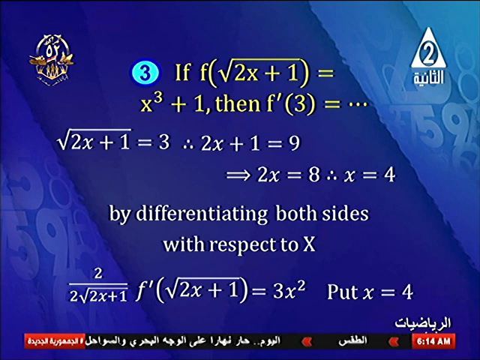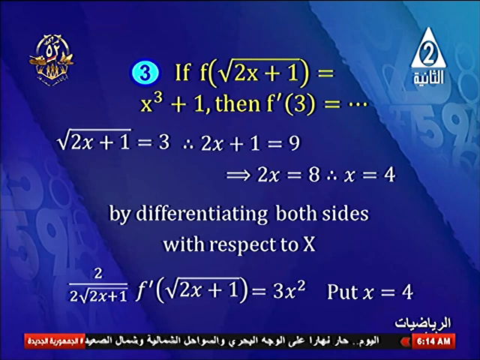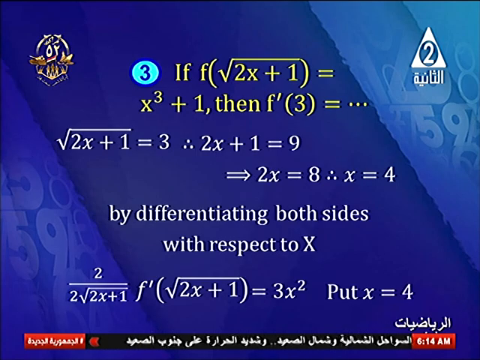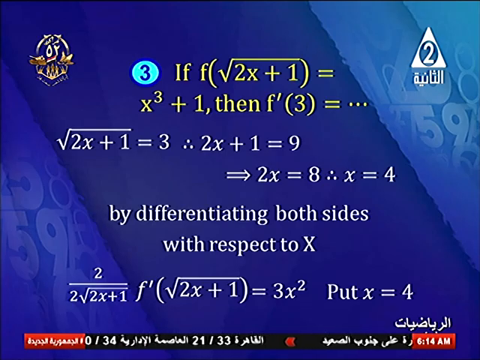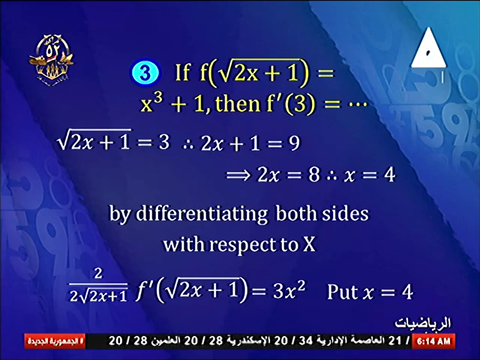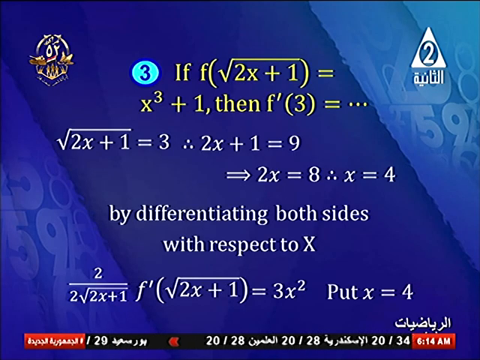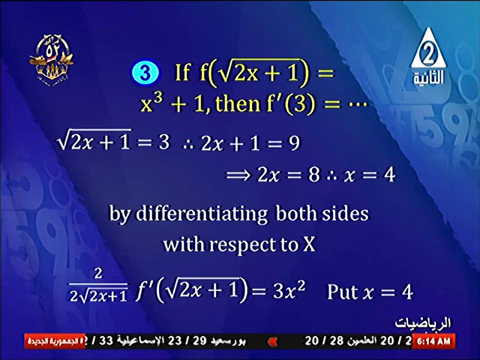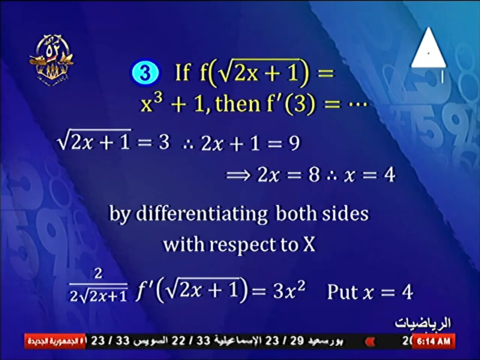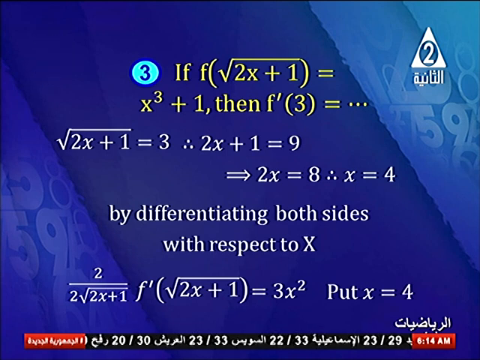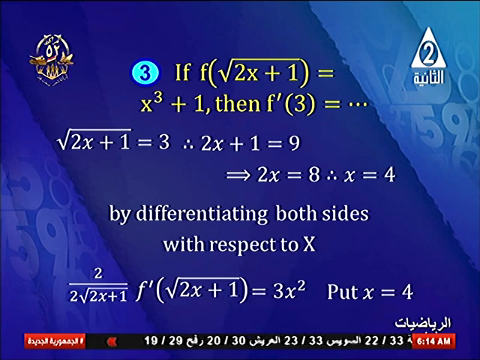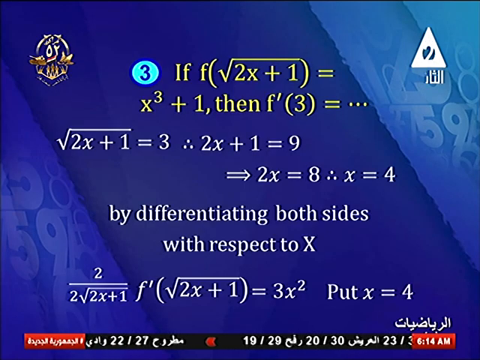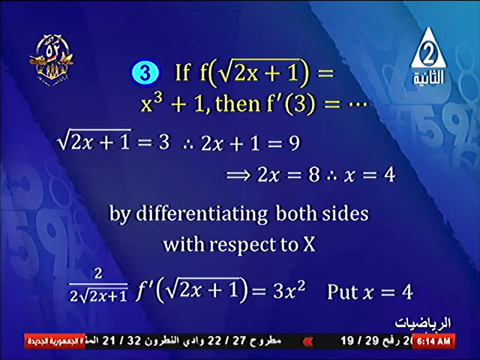The left hand side is 1 over 2 times square root of 4 plus 1, so 2 over 2 square root 9, 2 over 2 equals 1 over 3 multiplied by f dash of 3 equals 3x squared, putting x equal 4, 4 power 2 is 16, times 3, 48.